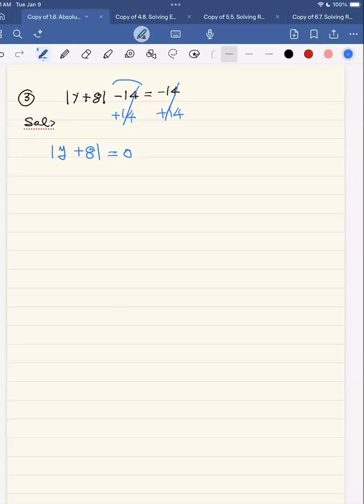Plus 0 is 0, minus 0 is 0, so we have only one possibility. That's y plus 8 equals 0. So by subtracting 8 on both sides, we get y equals minus 8.